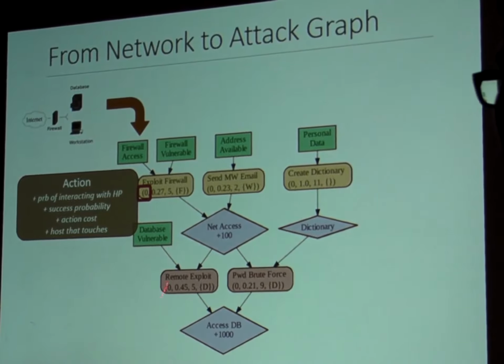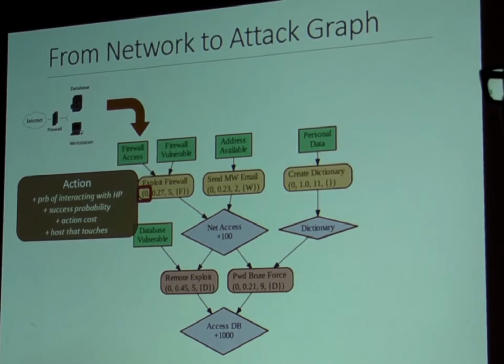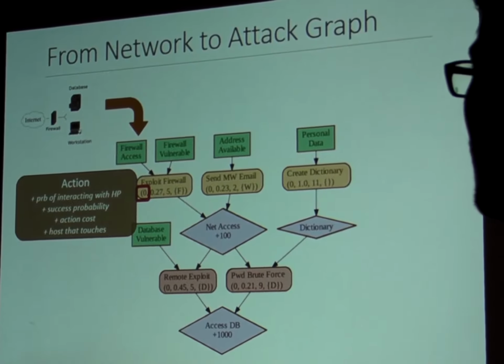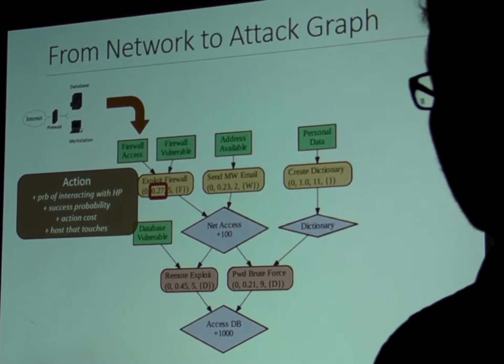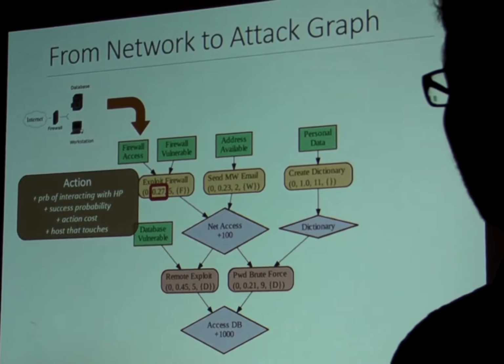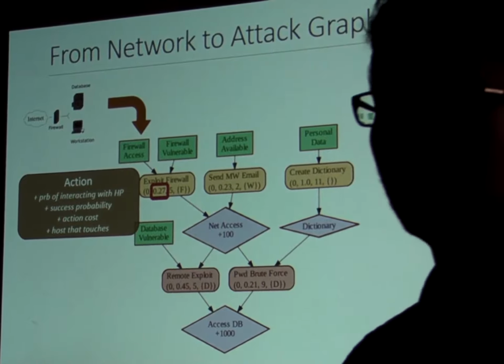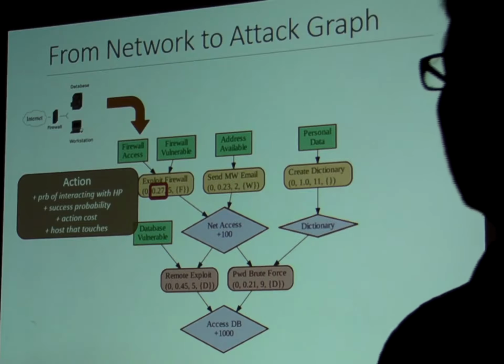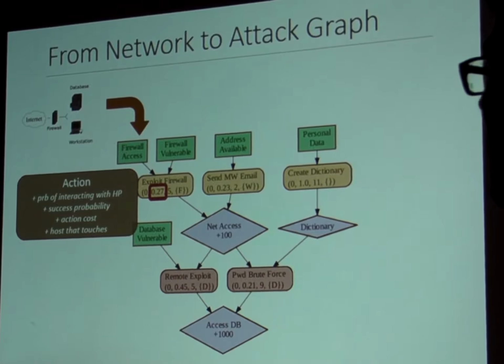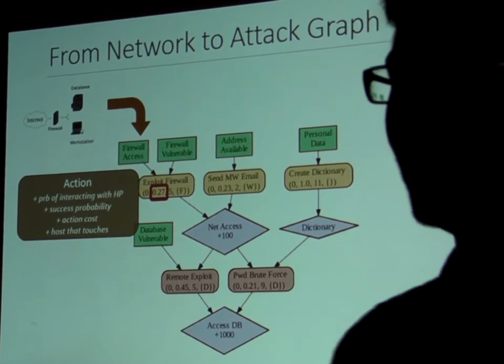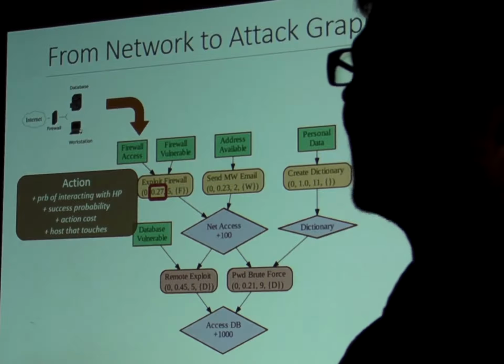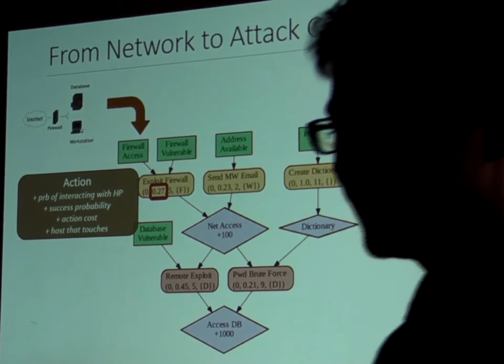So in this case, all of them are 0, because there are no honeypots in this network. The second value is the probability that the exploit will end up successfully for the attacker. So this number is estimated from CVSS so far, but we would like to improve this estimation further.